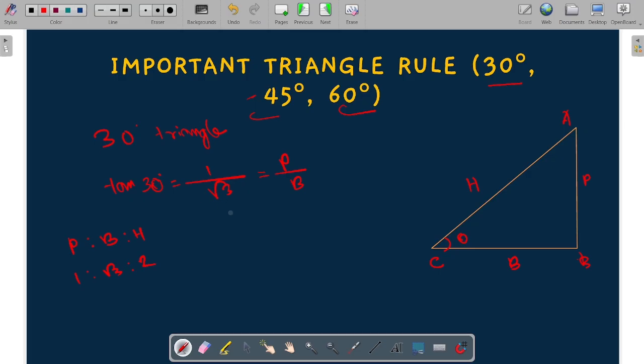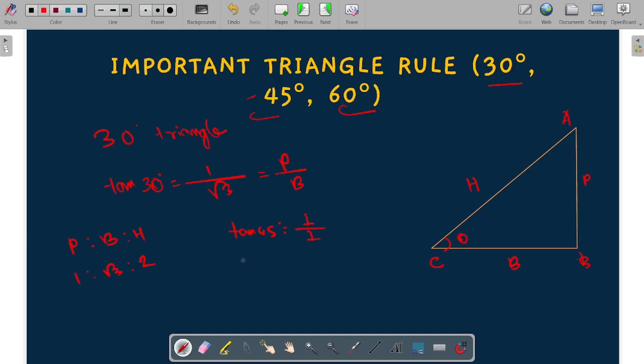Next, for 45 degree, tan 45 degree equals 1 by 1. So perpendicular is 1 and base is also 1.